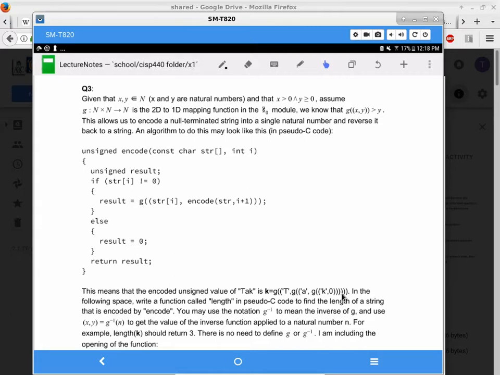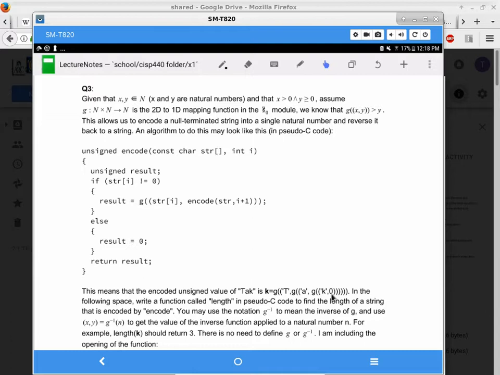Is that okay? So you take that number and you reapply G inverse. What is that going to give you? It's going to give you lowercase a and G applied to the coordinate formed by the ASCII code of lowercase k and 0. So when you apply G inverse again, it's going to give you lowercase k and eventually the null terminator.